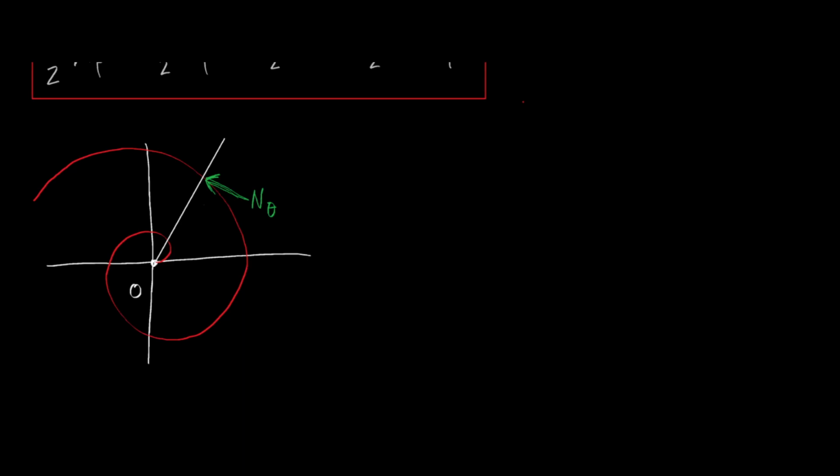But we can reach the same conclusion if we analyze the following: the velocity of the particle, the mass m, which is simply the rate of change of its displacement with respect to time, in polar coordinates is written as rho dot in the radial direction, rho hat, plus rho times theta dot, which is omega, in the transversal direction.